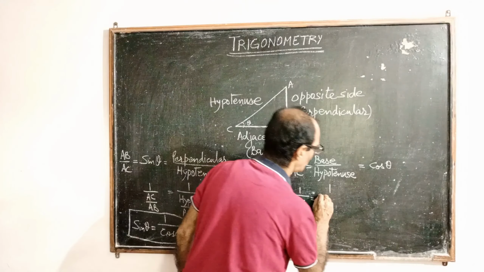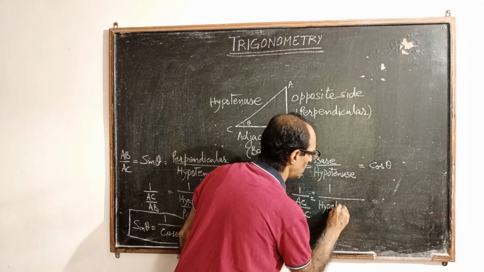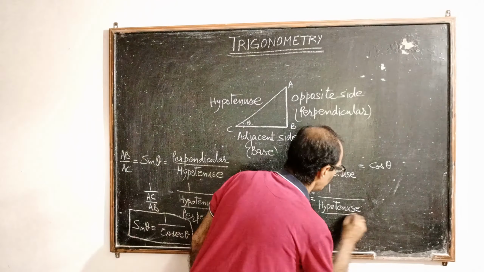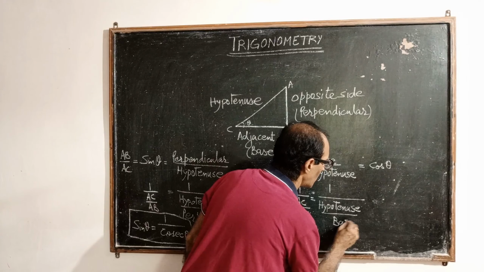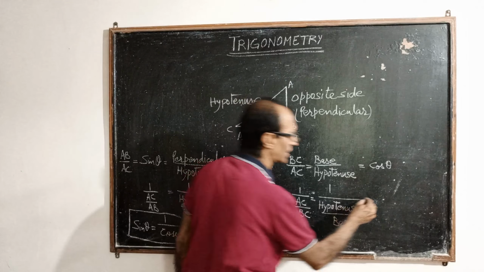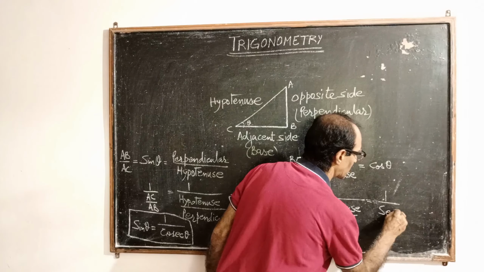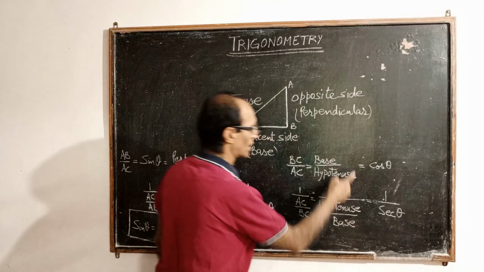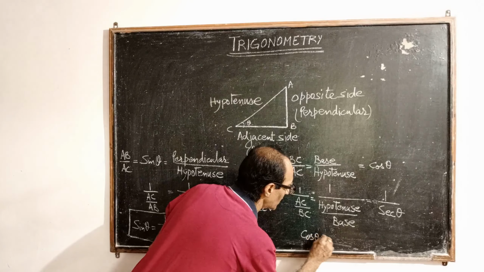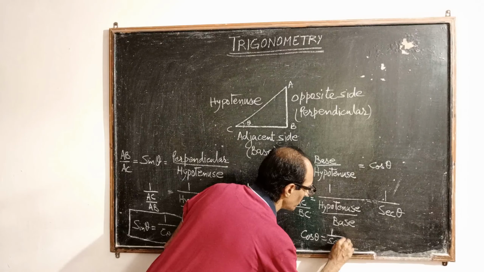That means this is 1 divided by hypotenuse divided by base. And remember that hypotenuse divided by base is nothing else but secant theta. So this is 1 divided by sec theta. So combining these two together, we get that cos theta is equal to 1 upon sec theta.